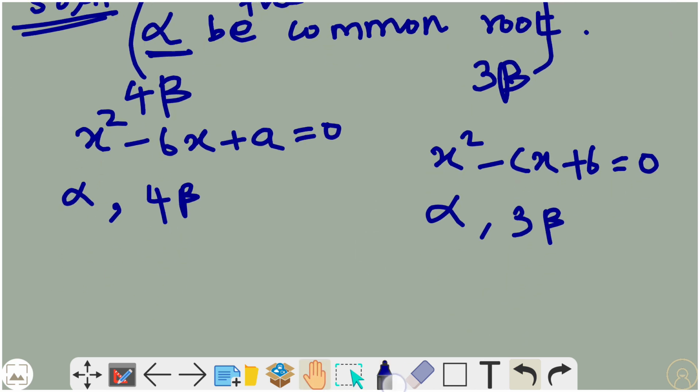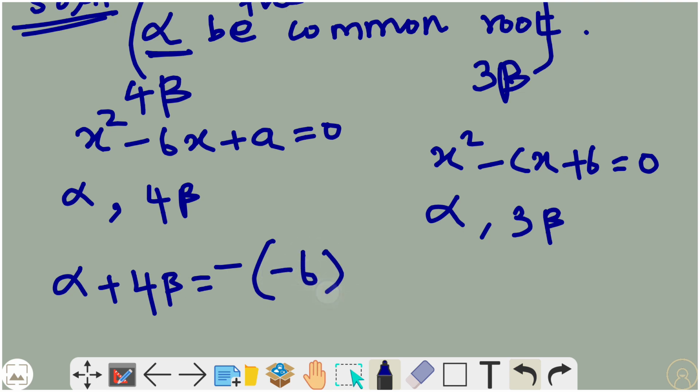Okay, so we all know that the sum of the roots, alpha plus 4 beta, is equal to minus the coefficient of x divided by the coefficient of x square, that is minus of minus 6 divided by 1.